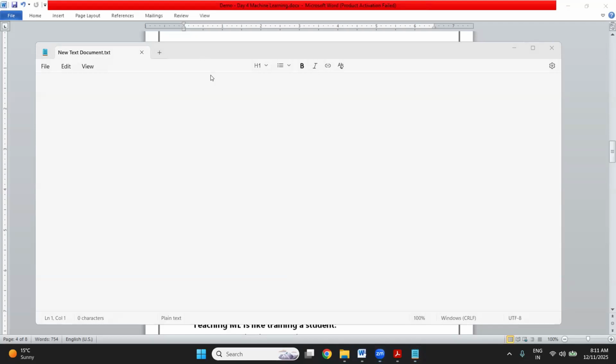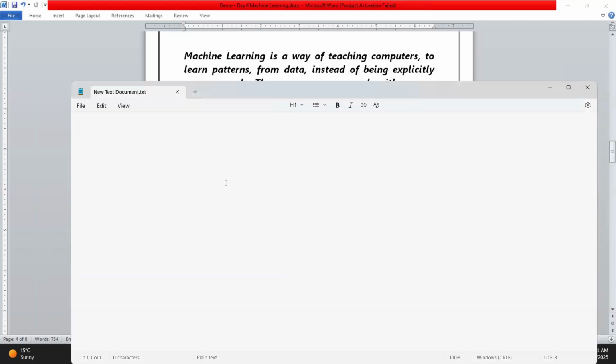So ultimately, what is machine learning? Machine learning algorithms are nothing but mathematical equations. At the core level, all machine learning algorithms are nothing but mathematical equations.